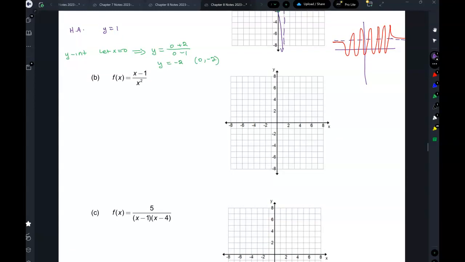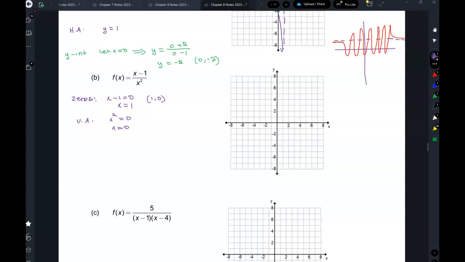Let's find the zeros. X minus 1 equals 0, so x equals 1. So it's (1, 0). The vertical asymptote: we say x squared equals 0, which means x equals 0.